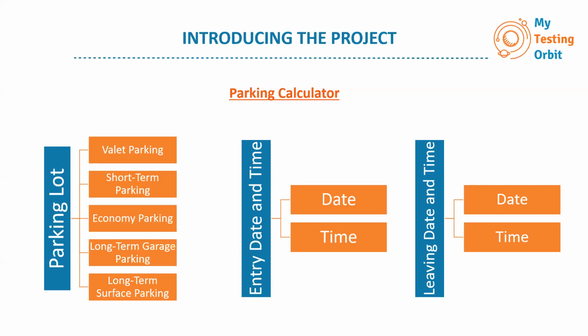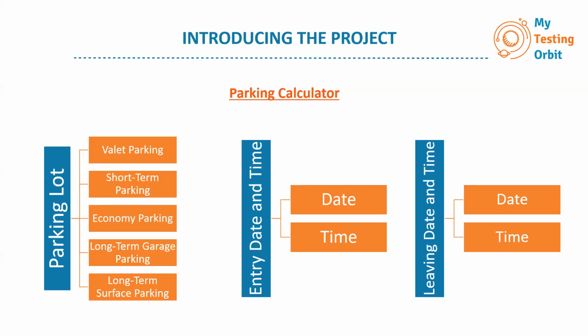Usually the product owner is representing the customer, which we also mentioned in the last session. So the product owner has either met the customers, if we are making it for a third party, or maybe the product owner has done all the analysis in the market and captured what users are actually expecting from this kind of parking calculator.